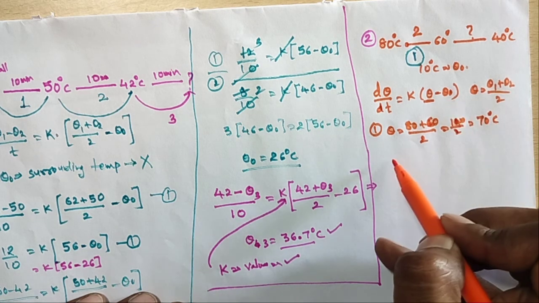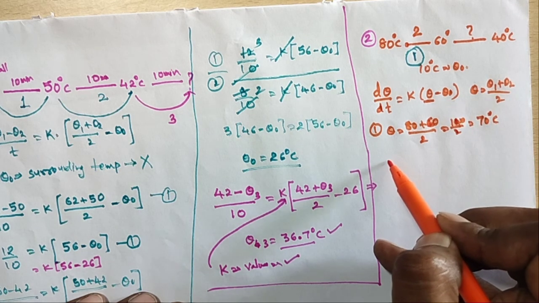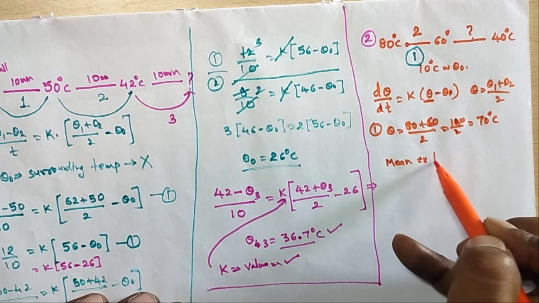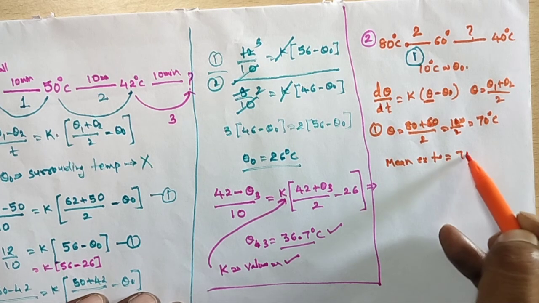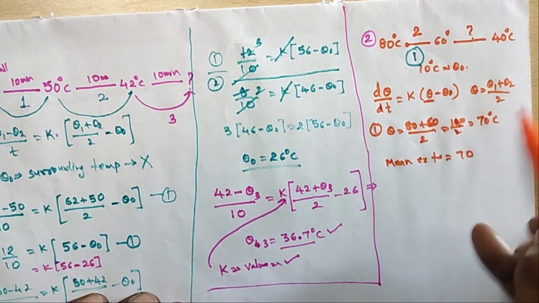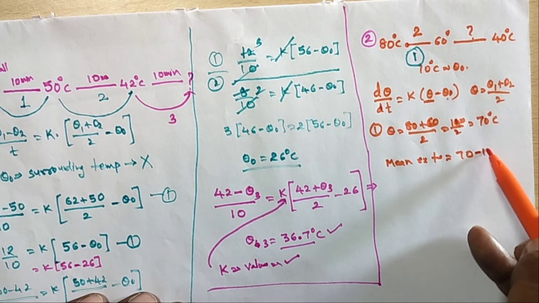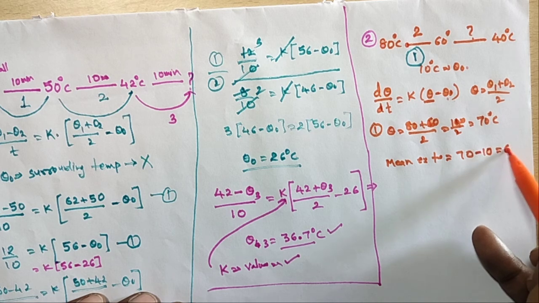And the mean excess temperature is equal to 70 degrees minus theta naught, the surrounding temperature. So that is 60 degrees.